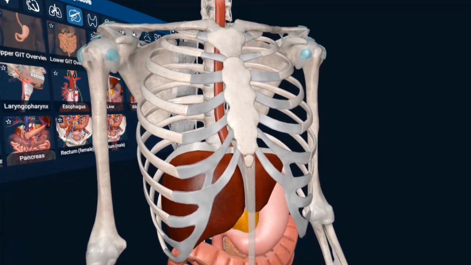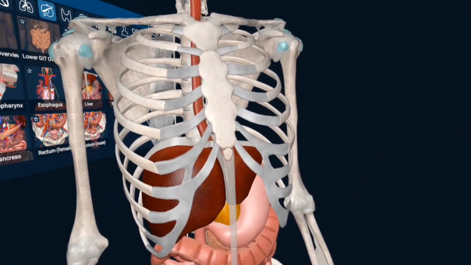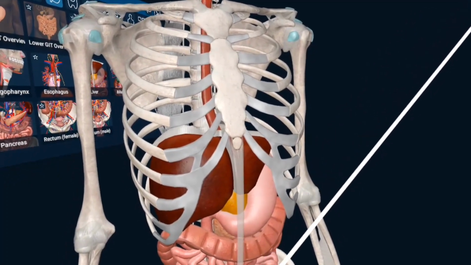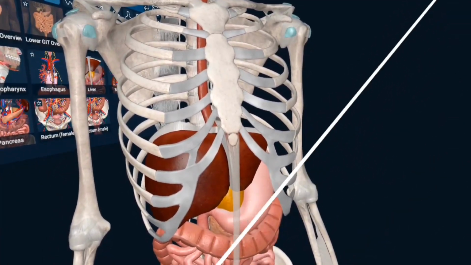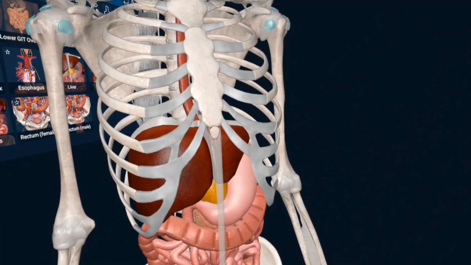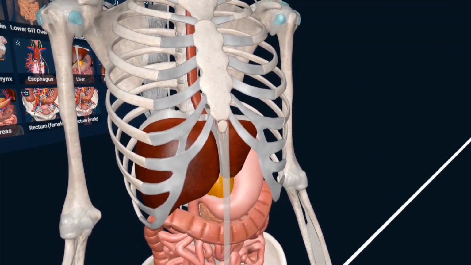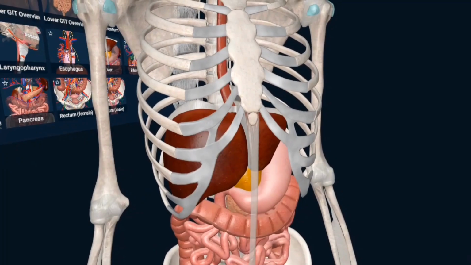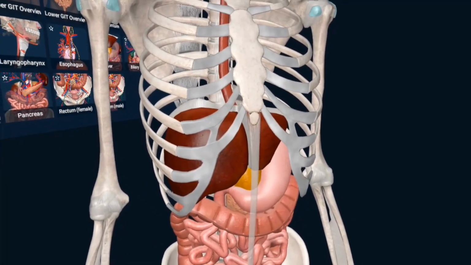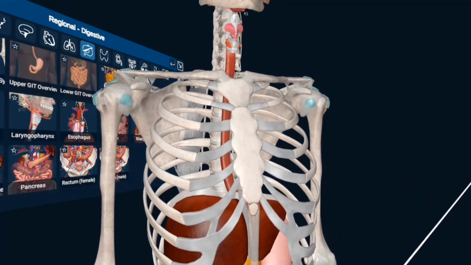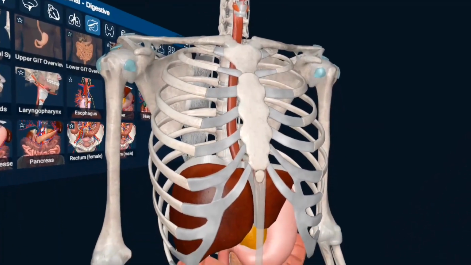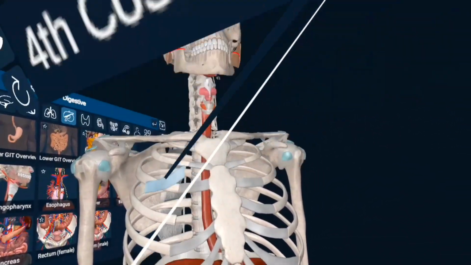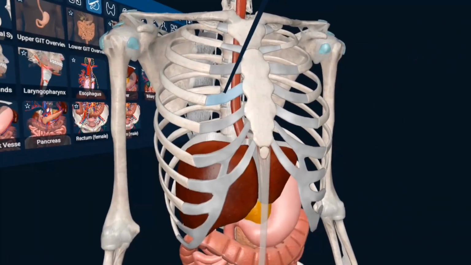Its function is mechanical breakdown, chewing of the food, chemical digestion beginning with amylase in the saliva for starch digestion, and it also forms a bolus for swallowing. So the bolus is the already chewed food that is ready to be swallowed.